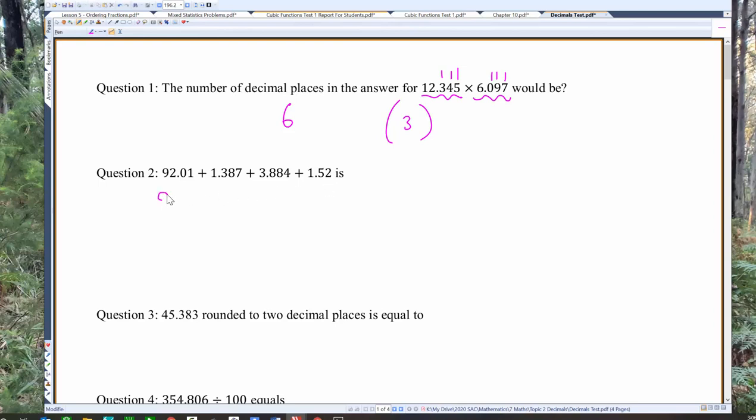All right, we've got an addition problem here, and to add decimals together, recall that we balance out the place value around the decimal point. 3, 8, 8, 4, 1, 5, 2, 0, 0, 0, 0, 0. 1, 1, 10, 18, 19, 20, 0, 1, 4, 12, 7, 1, 5, 7, 8, 9.